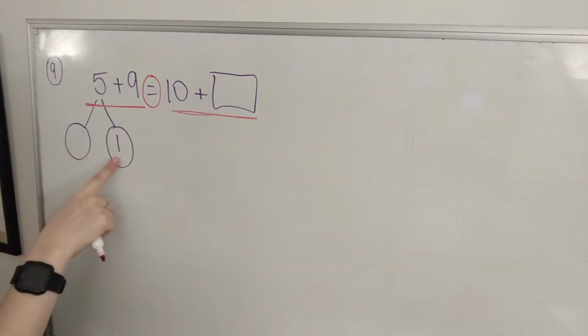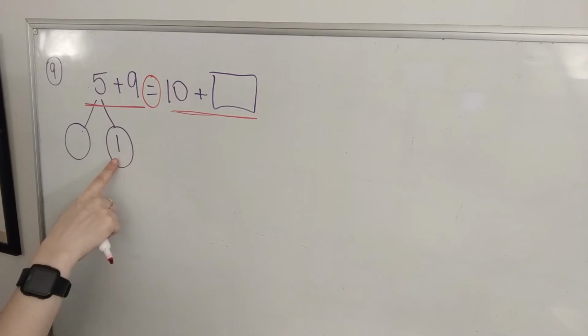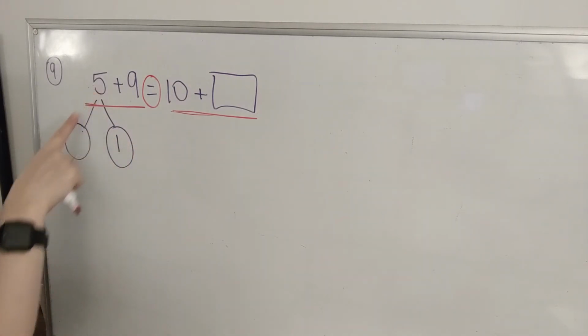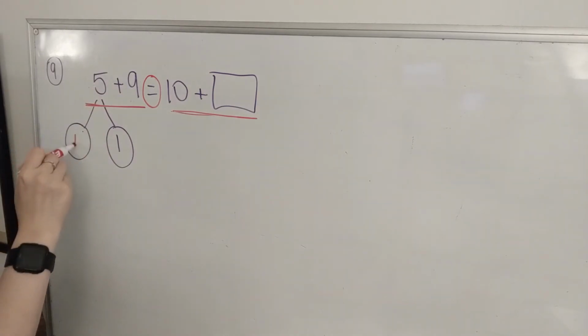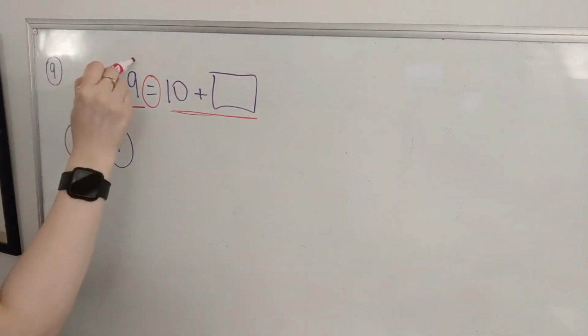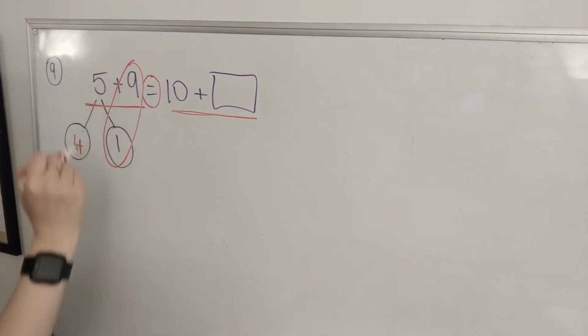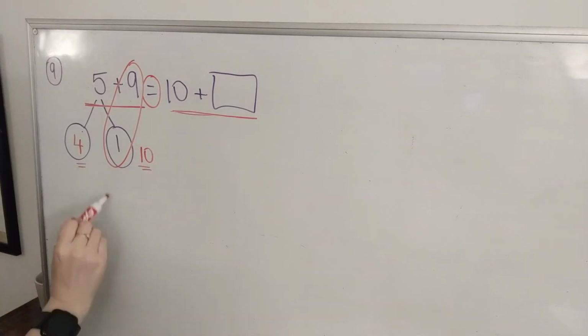Oh, they're helping us out. What does 9 need to get to 10? One more. 9, 10. What else is left inside the 5? 5 has a 1 and a 4. Now we can add. 9 plus 1 is 10. 10 plus 4 is 14.